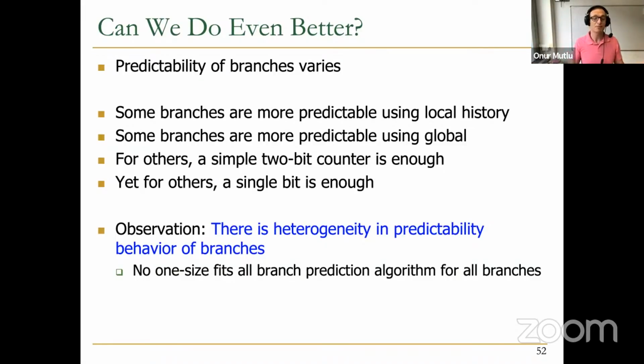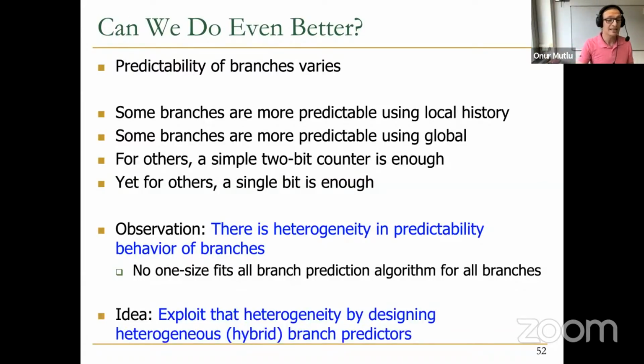Every branch cannot be predicted with a global branch predictor accurately. Every branch cannot be predicted with a local branch predictor accurately. Every branch cannot be predicted with a last time predictor accurately. But different branches can almost perfectly be predicted by these different predictors. So the idea is, why not exploit heterogeneity in behavior of branches by designing heterogeneous or hybrid branch predictors?